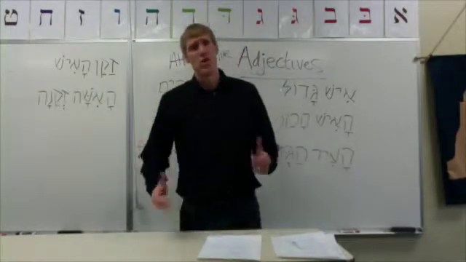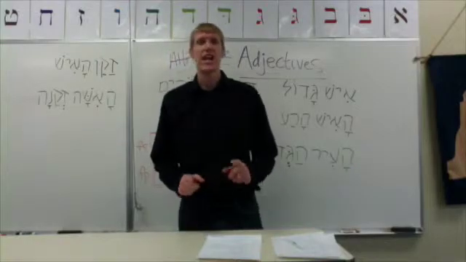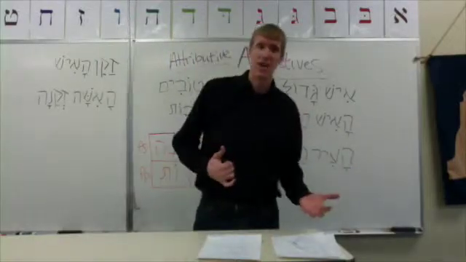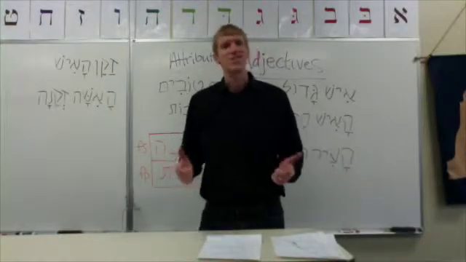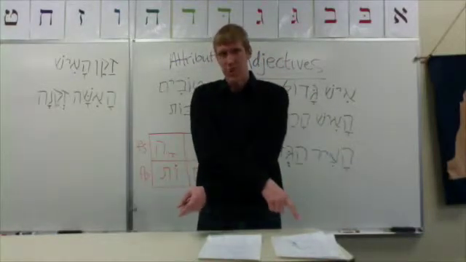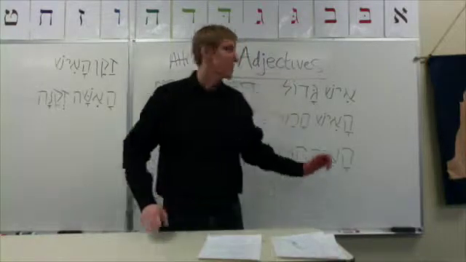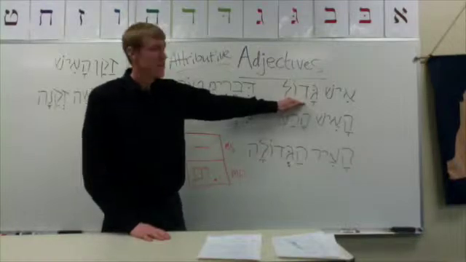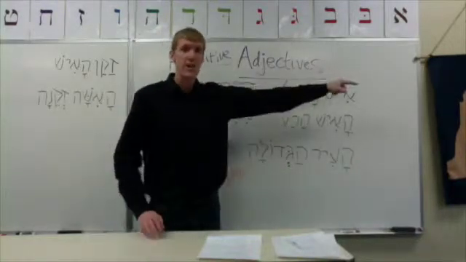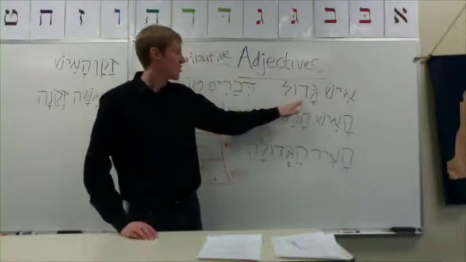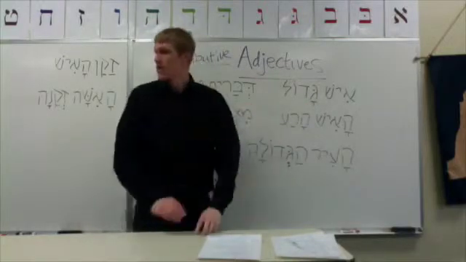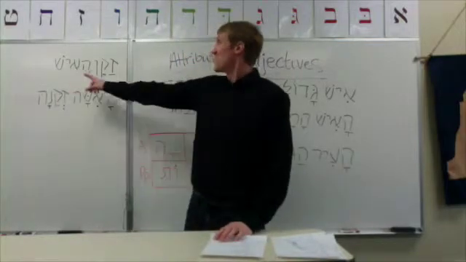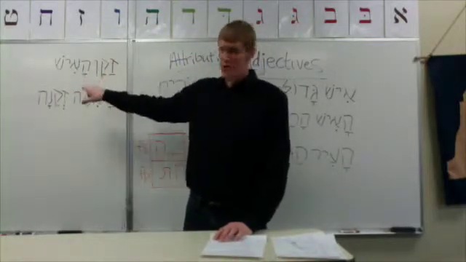And so in order to render the relationship between a predicate adjective and its modified noun in Hebrew, you once again reverse the order in English. Whereas with attributive adjectives, the adjective comes after in Hebrew, but before in English, ish gadol, a big man or great man, with predicate adjectives it's the reverse.